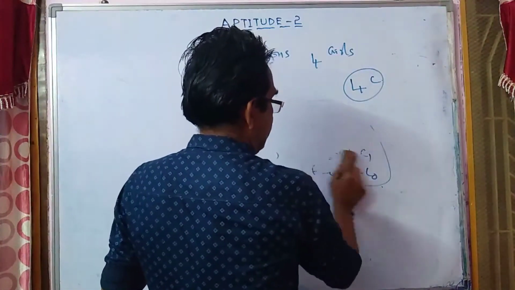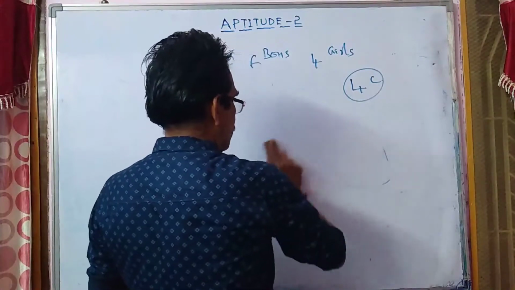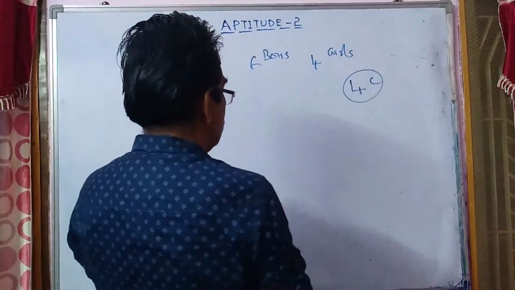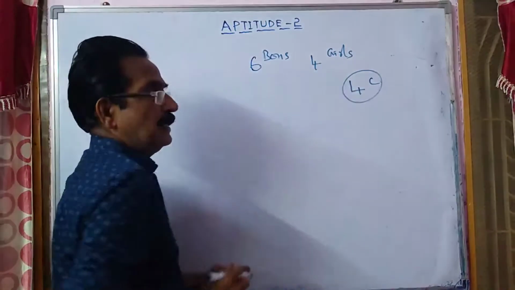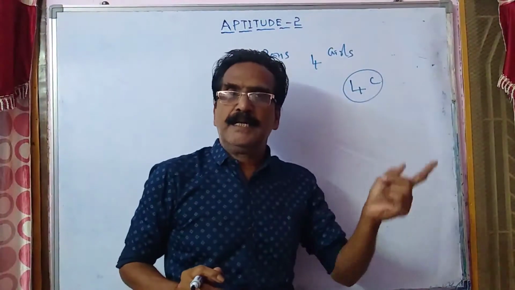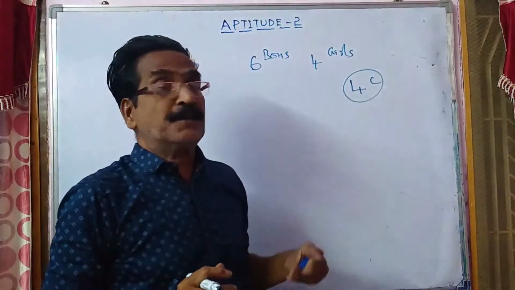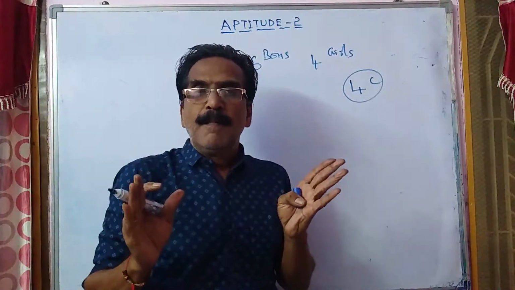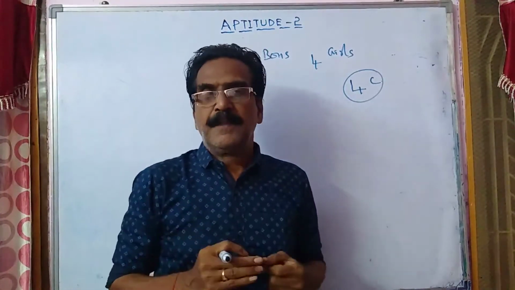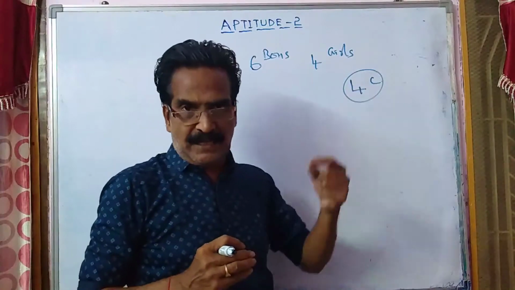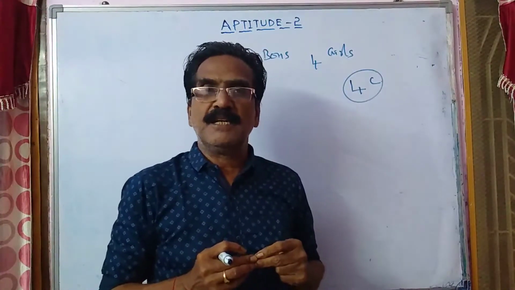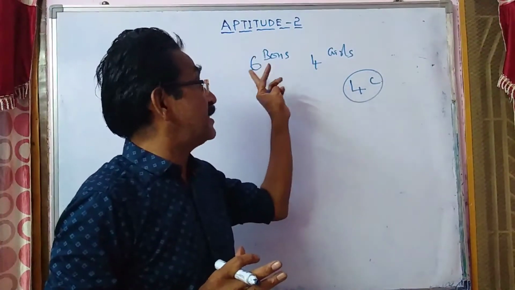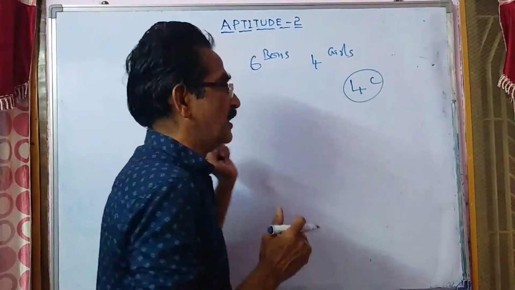If you think that this is a little bit lengthy process, see, at least one boy among the four children. Now in how many ways can four children be selected from 10 persons, that is 6 boys and 4 girls?